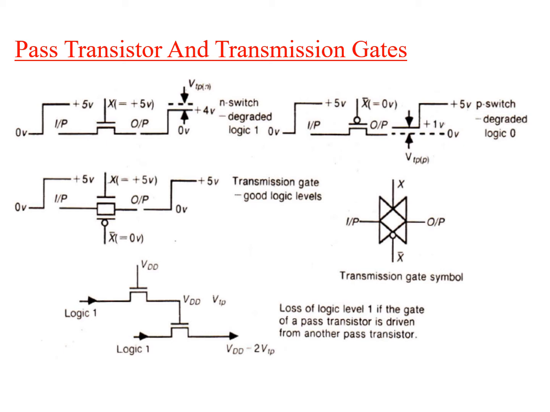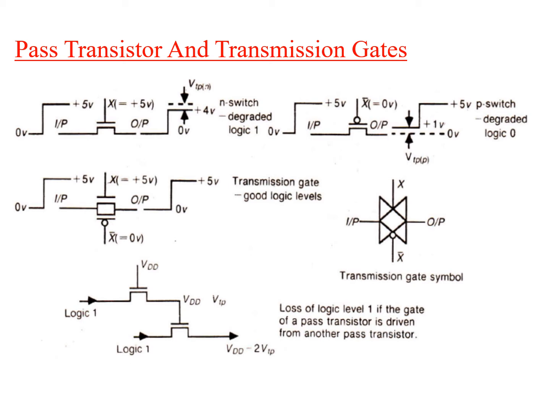But when you make the combination, naturally they will compensate for each other, that is, the PMOS and the NMOS mutually compensate each other. And you know that a transmission gate is a combination of a PMOS and an NMOS. So the logic 1 degradation in the NMOS will be compensated by your PMOS, and the degradation of logic 0 that occurs in the PMOS is compensated by the NMOS. So there won't be any degradation in the case of a transmission gate.